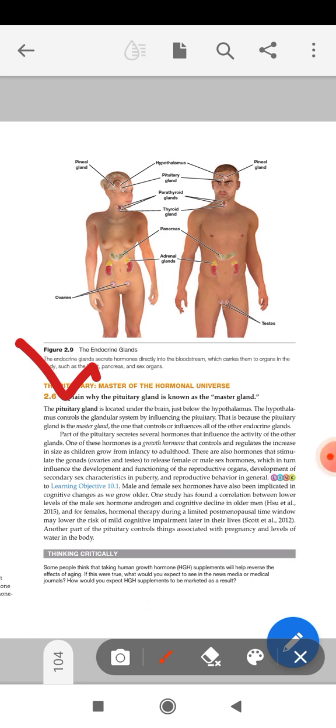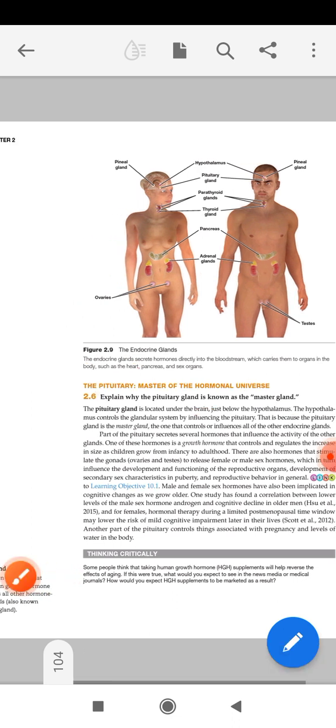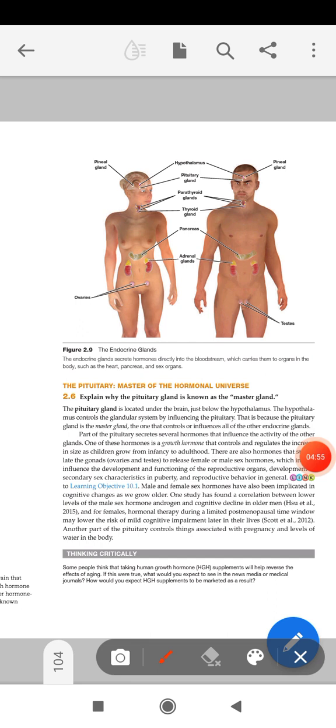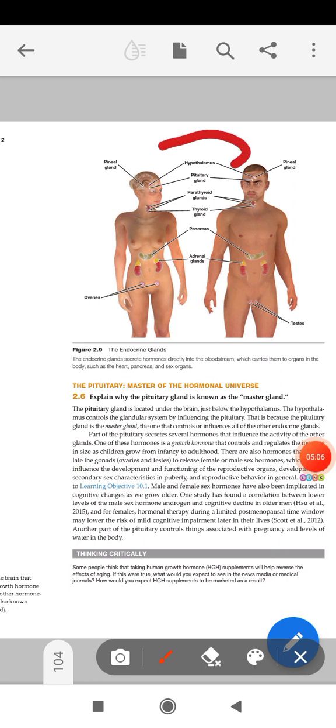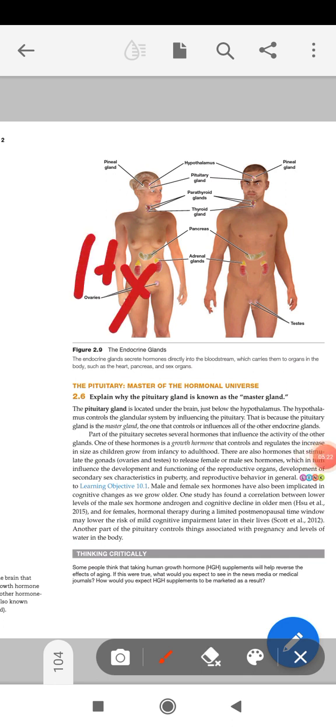It is located under the brain just below the hypothalamus. Hypothalamus is the part of the brain which deals with the management of our emotions. And how does the hypothalamus manage this? It gives a command to the pituitary to release some hormones, and via these hormones other glands are controlled. It means there is a chain of reactions. First the hypothalamus will give a command to the pituitary gland.